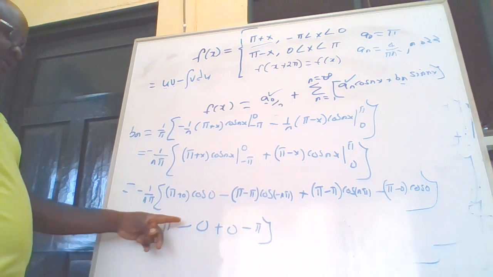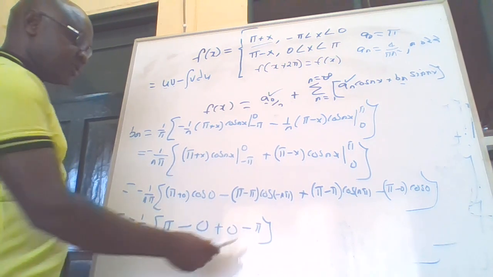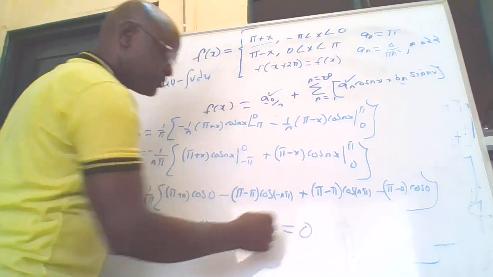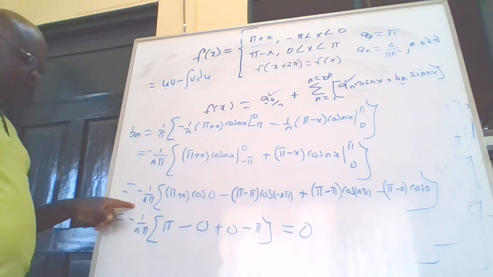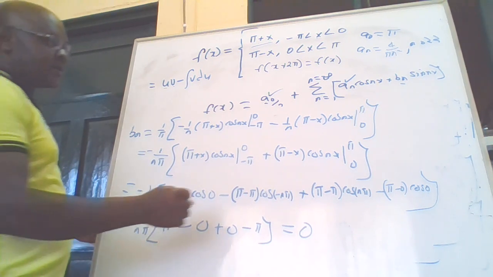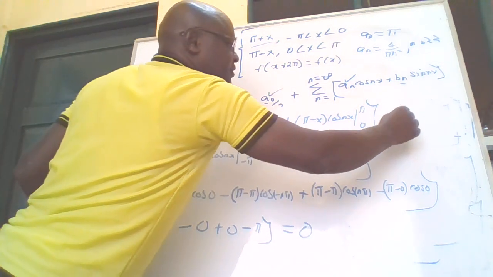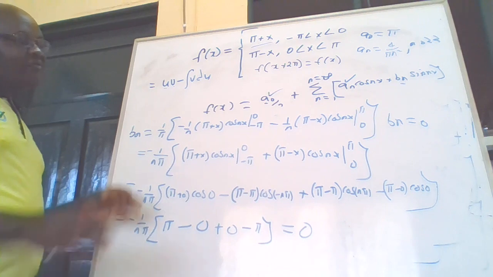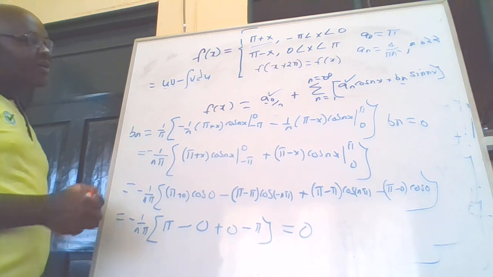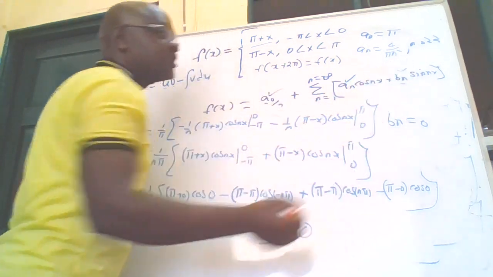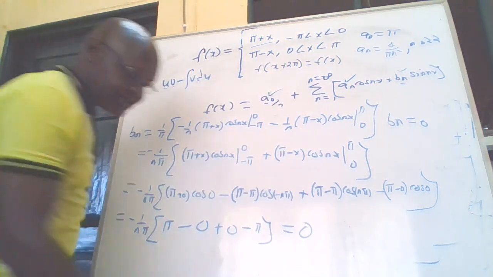So we have pi minus 0 plus 0 minus pi, so this pi and this pi cancel, so everything becomes 0. So you have this times 0, which equals 0. So we are saying that Pn equals 0. So once we have all this, we now have the values of A0, An, Pn. We can now state our Fourier series.